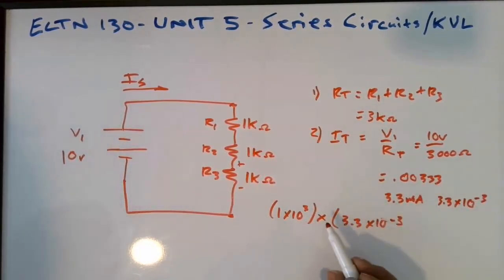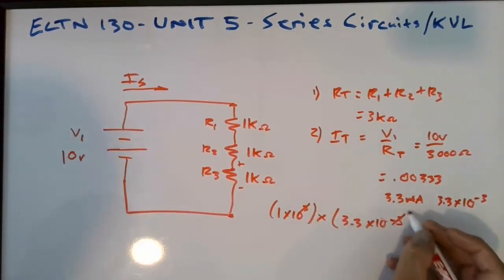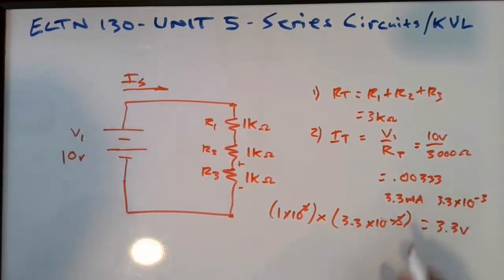If you remember from your algebra, the exponents cancel, and we end up with 3.3. What did we calculate there? The voltage across a resistor equals the current flowing through that resistor, I'll call it IR, times the resistor value. When we multiply that out, we end up with 3.3 volts.